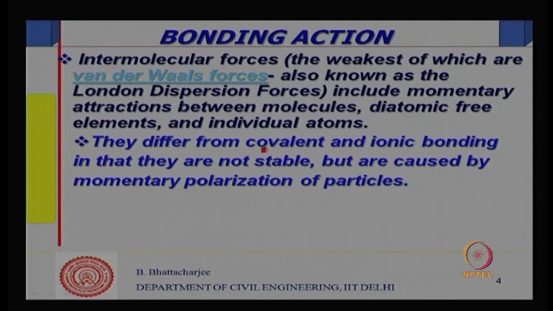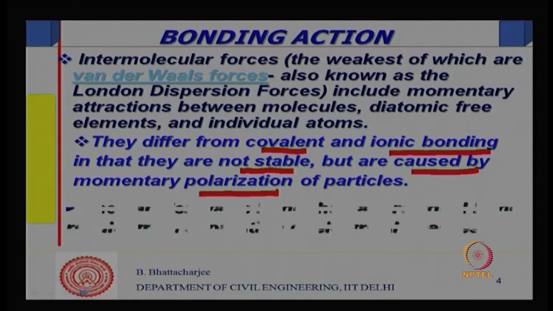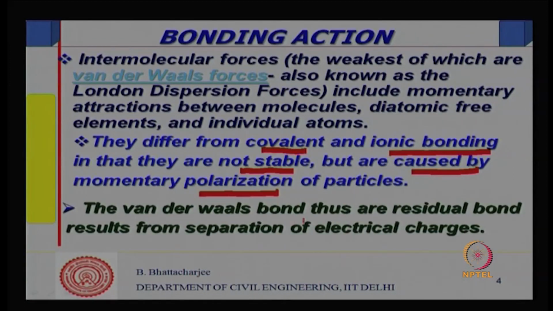So, they differ from covalent and ionic bonding, because these are not stable bonds and are caused by momentary polarization of particles. So, van der Waals bonds, thus residual bonds, result from separation of electric charges. These electric charges which get separated form a residual bond.